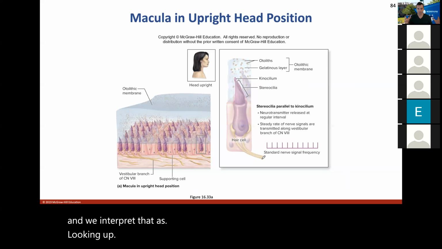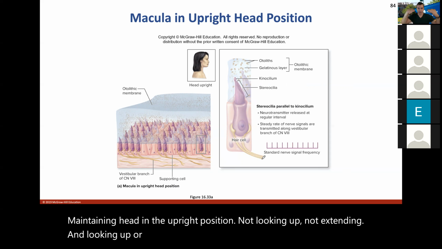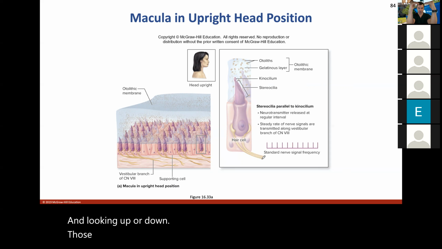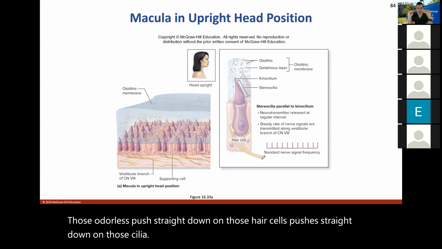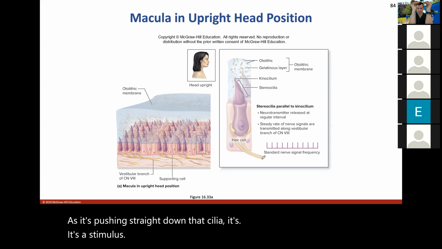When you're just maintaining the head in the upright position, not extending, not looking up or down, those otoliths push straight down on those hair cells, okay? Pushes straight down on those cilia. As it's pushing straight down on that cilia, it's a stimulus, okay?